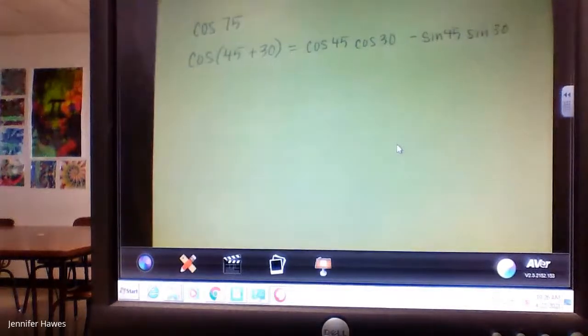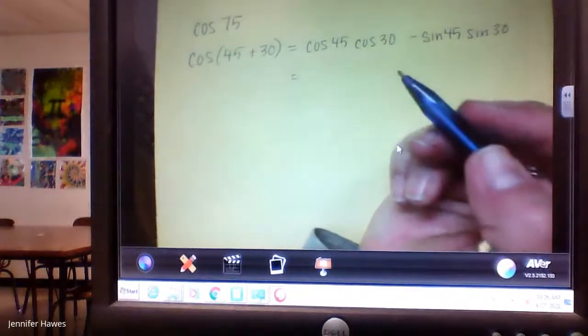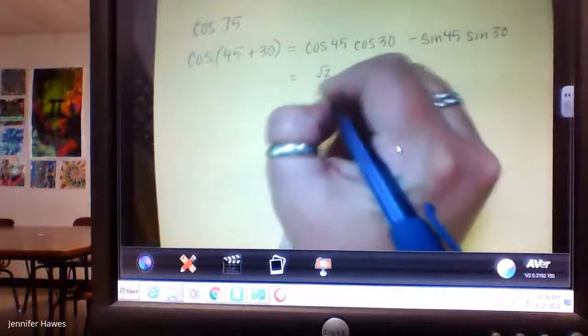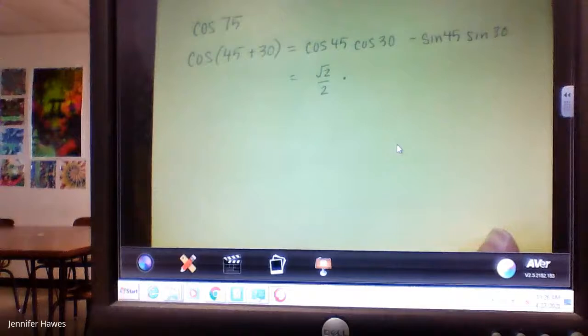Okay, so I'm rewriting 75 with two numbers I definitely know, 45 and 30. All right, so now look at your snowman. What is cosine of 45? And then what's cosine of 30?